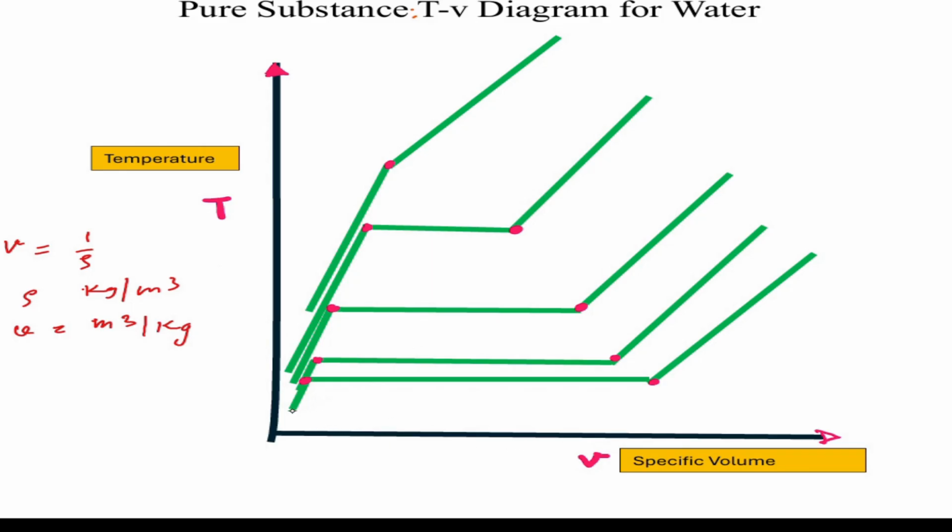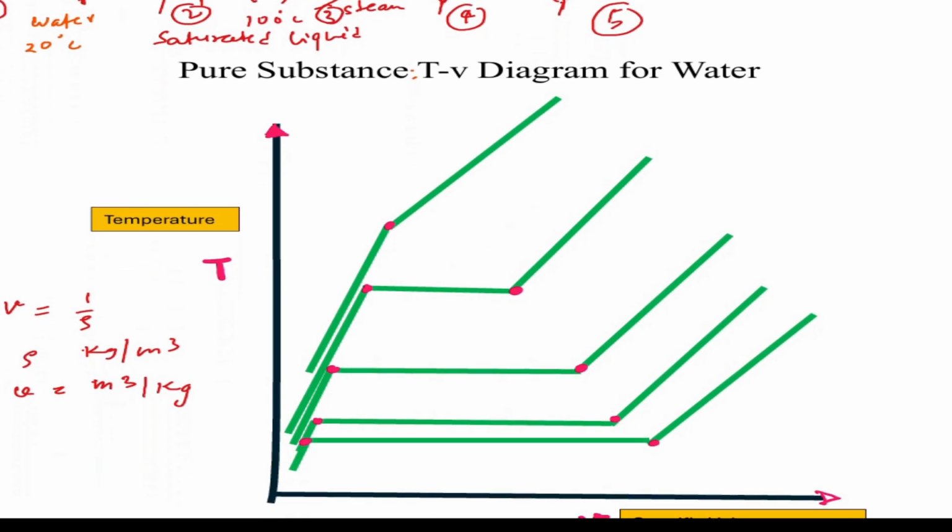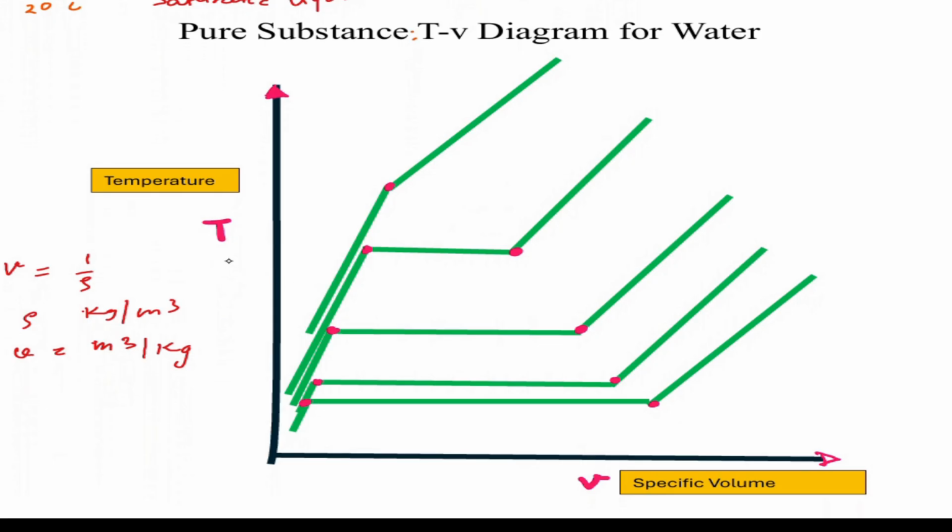initially all these states, this is state 1, state 2, state 3, state 4, state 5. All these 5 states I am drawing here in the T-v diagram. Initially it is here, state 1 at 20 degrees centigrade, this is temperature.